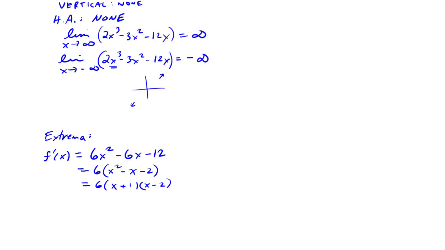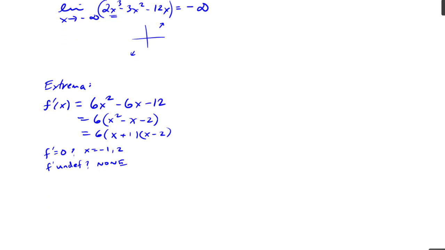Then I ask, when is f prime equal to 0, or when is f prime undefined? It's obviously equal to 0 at -1 and 2, and it's not undefined anywhere. So charting this, I'm going to put -1 and 2. I don't have any discontinuities to put on.